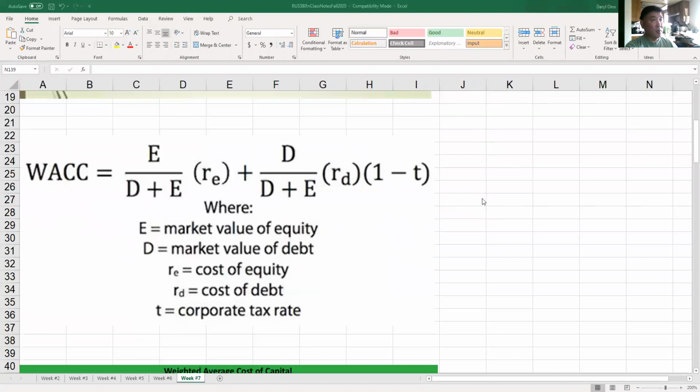I have a question. Yeah. This WACC, is it the company borrowing the money? And to calculate it for the companies, how does it work?